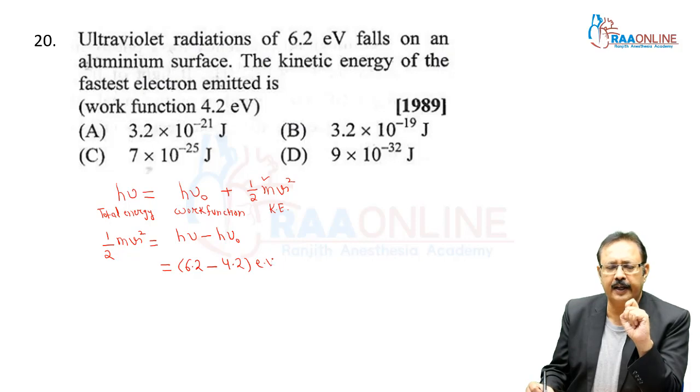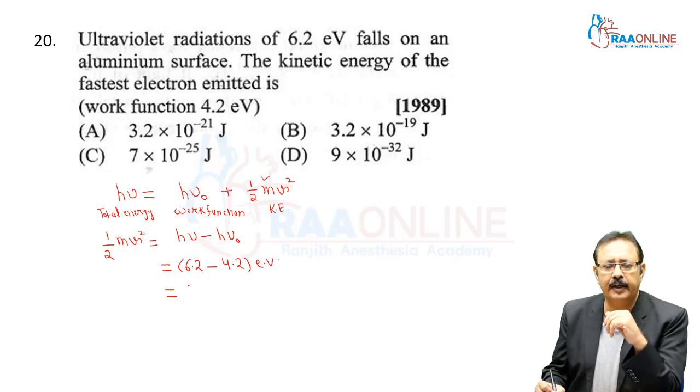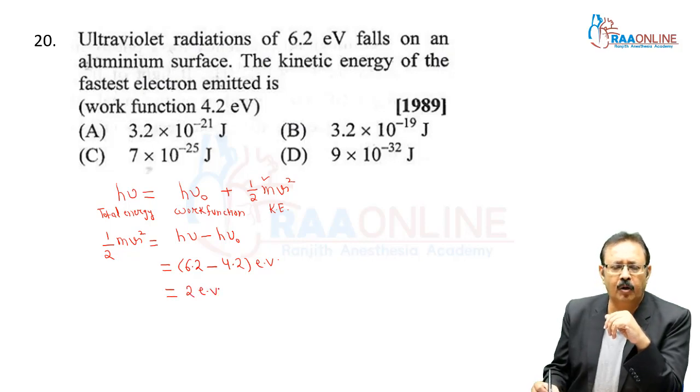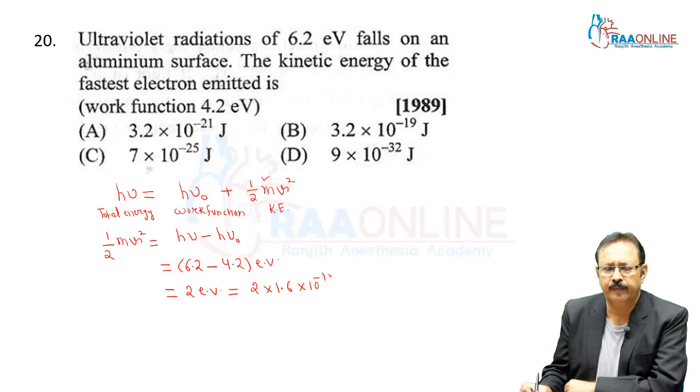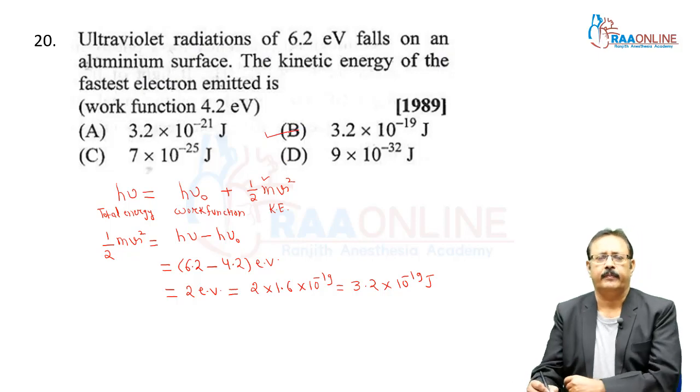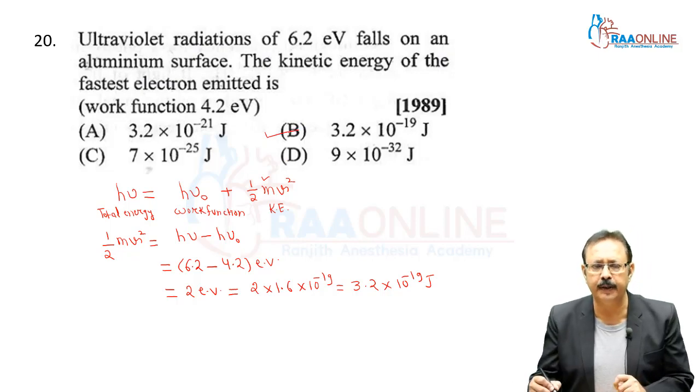It is electron volt. So electron will come out with an energy of 2 electron volt. But all options are in joule. So we are converting this into joule by multiplying the charge of electron. So what we are getting? 3.2 into 10 to the power minus 19 joules. So we will go with option B.